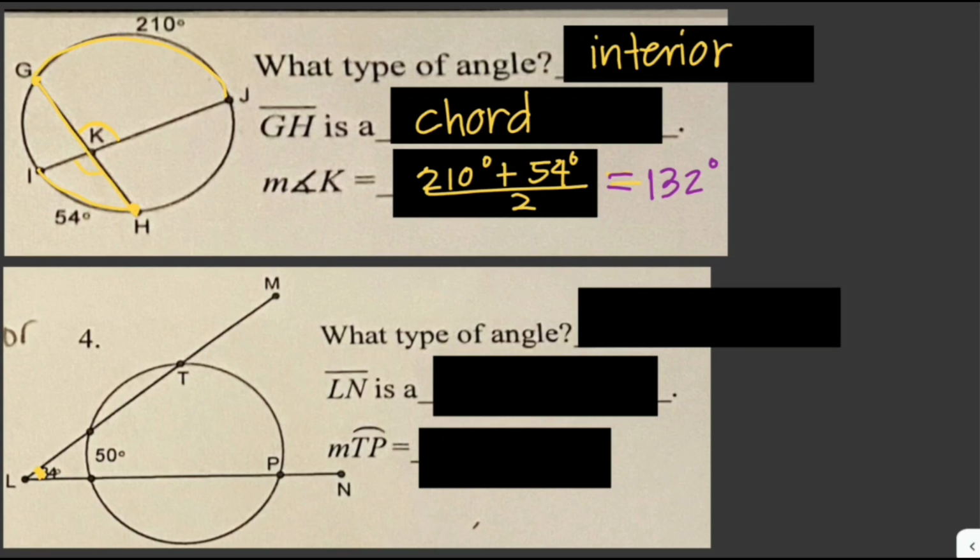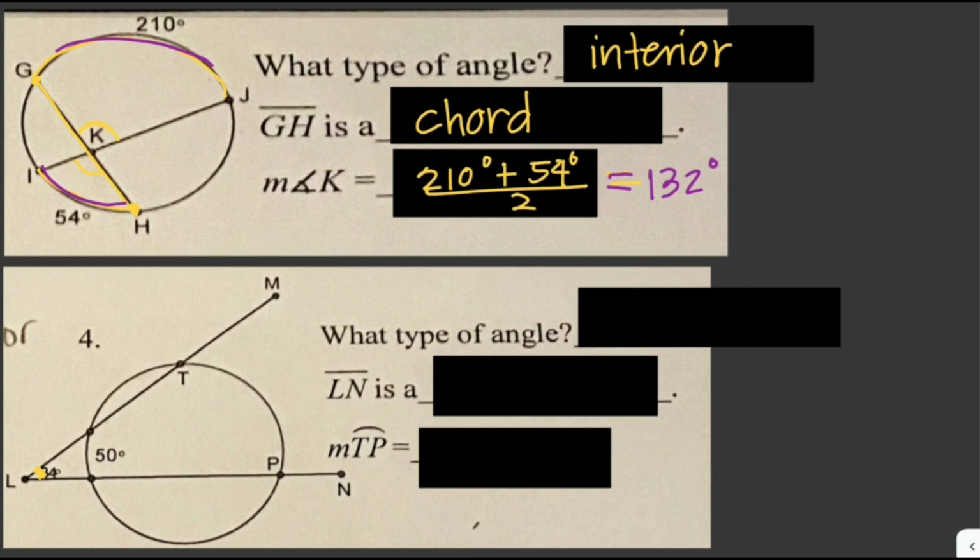So that is how to solve for the interior angle of a circle. You add the major arc and the minor arc and divide by 2, half of the sum of the arcs. Okay, let's go to the next problem.